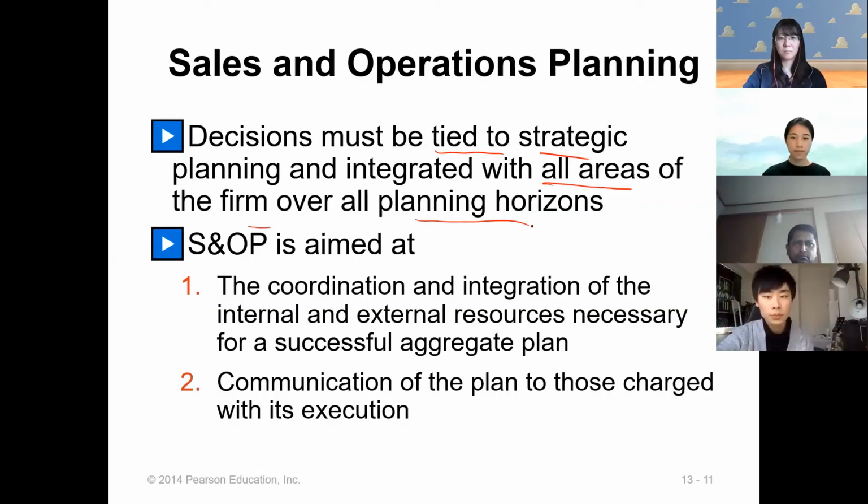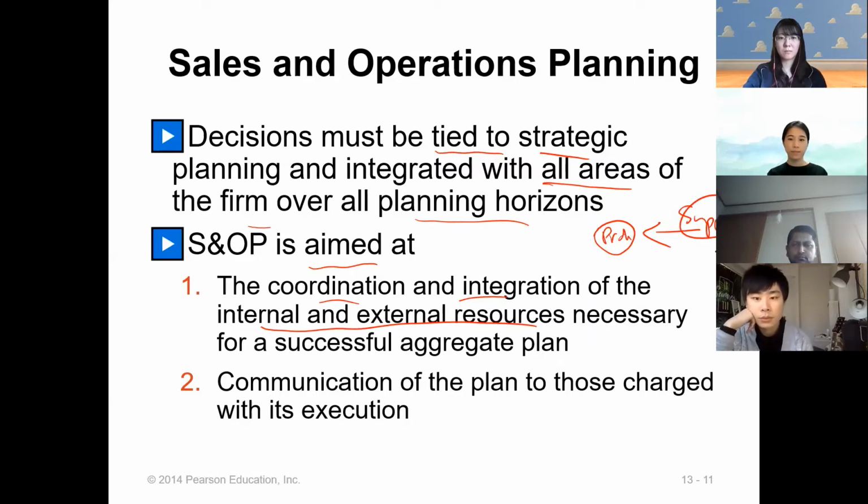And the sales and operations planning is aimed at coordination and integration of internal and external sources, right? So you see just now, you have your internal production, but you have suppliers, and then you have your human resource.